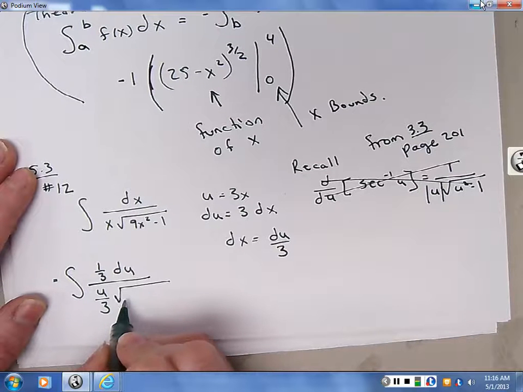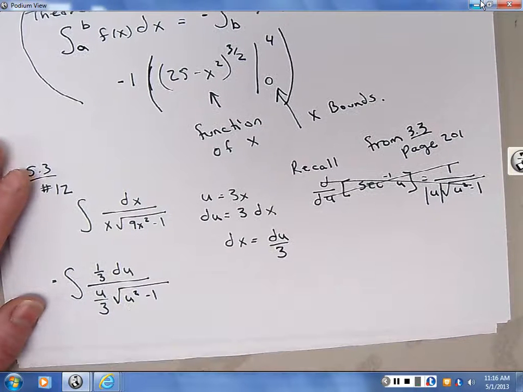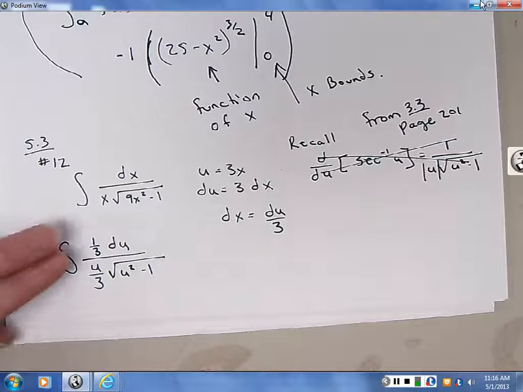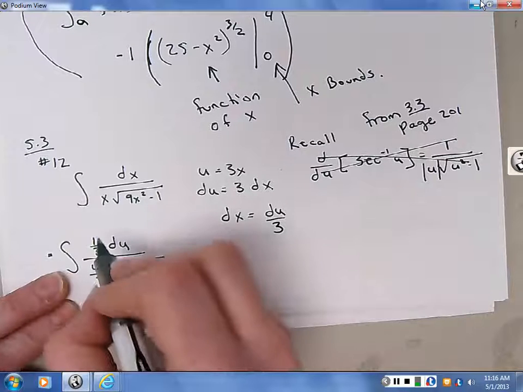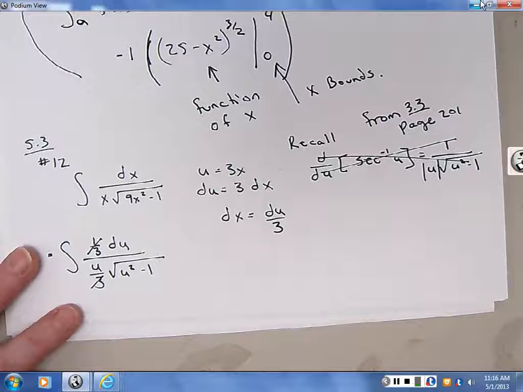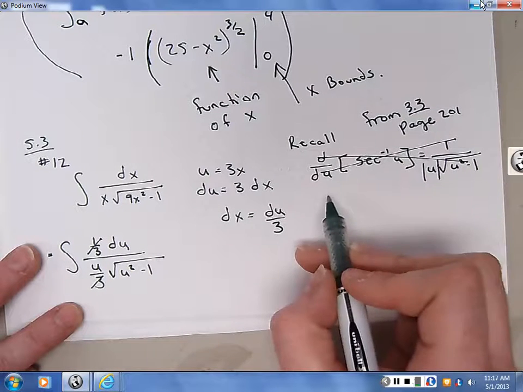A fraction divided by a fraction, I flip and multiply. So the 1/3 cancels with the 3. Oh wait, it will be secant, sorry.